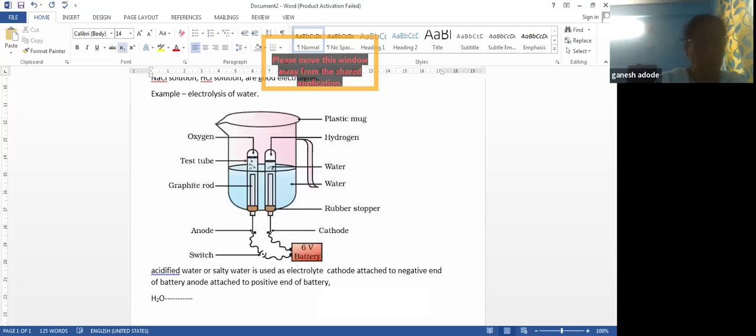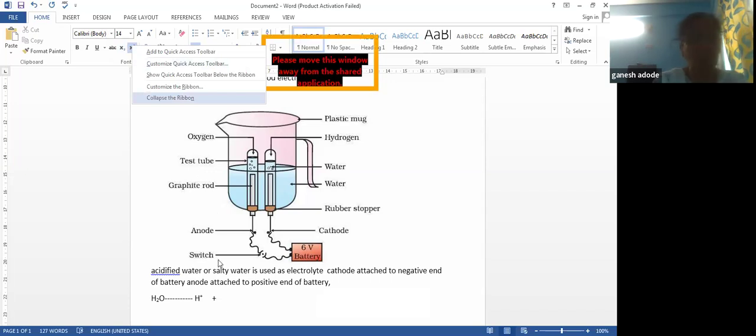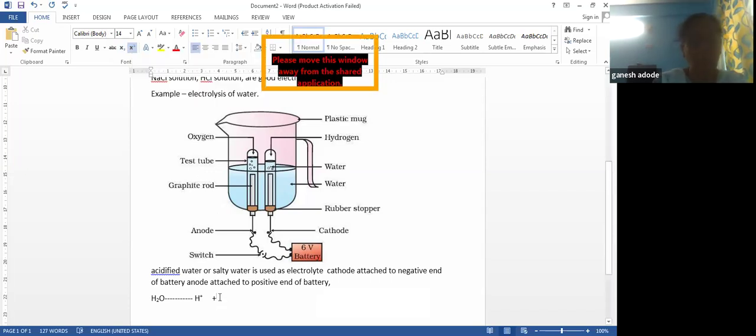It forms H plus ion. It is forming the H plus ion, and along with this it forms OH minus ion, right?